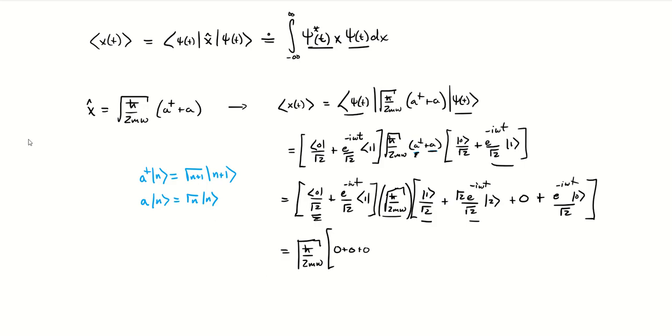And the final one is the only non-zero term that involves this, and it just brings us e to the negative i omega t over 2, root 2 times root 2, and the 0 inner product with itself is just 1.